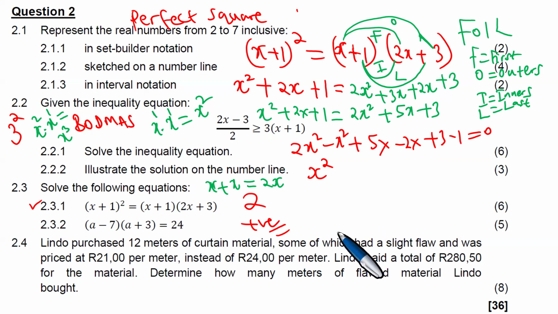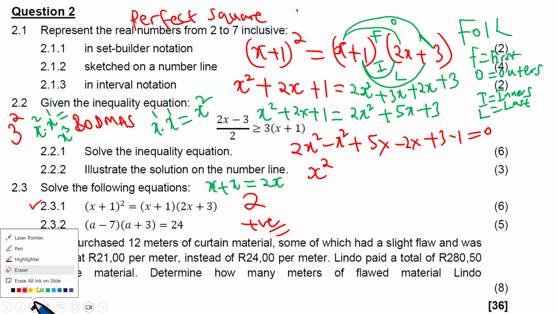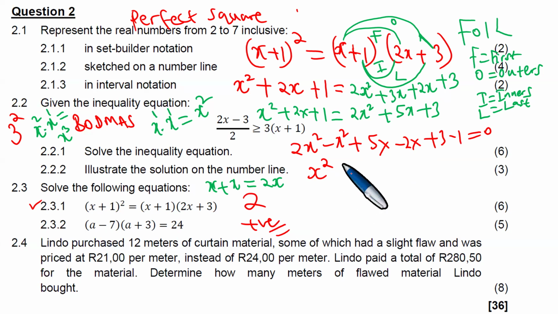We ignore the signs when deciding which one is bigger. Then from the bigger number, you subtract the smaller number. So you take the sign of the bigger number. What is the sign of the bigger number? It's positive. What is 5x minus 2x? It's 3x. Well done. What is 3 minus 1?